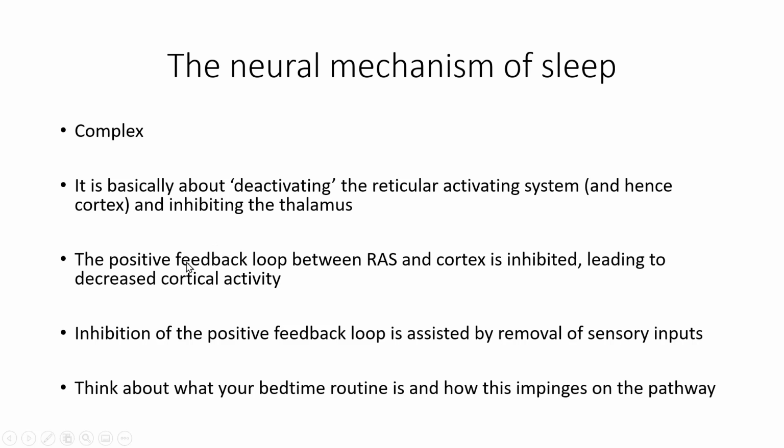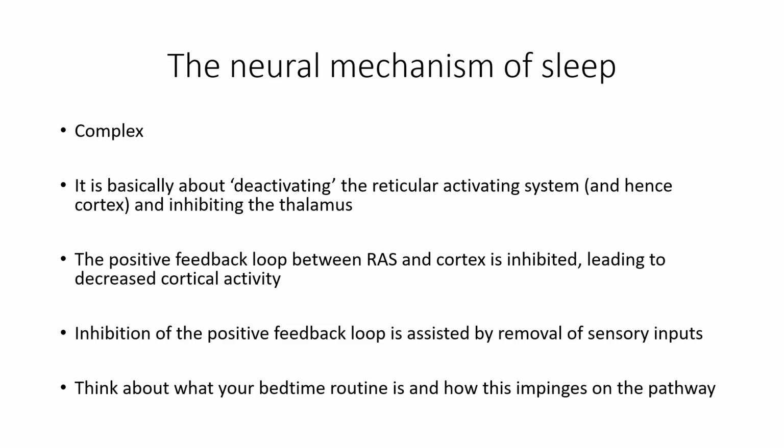And we know that the positive feedback loop between the reticular activating system and the cortex is inhibited, and we know that this leads to decreased cortical activity. And we can inhibit this positive feedback loop in a number of ways, but primarily by removing sensory inputs.